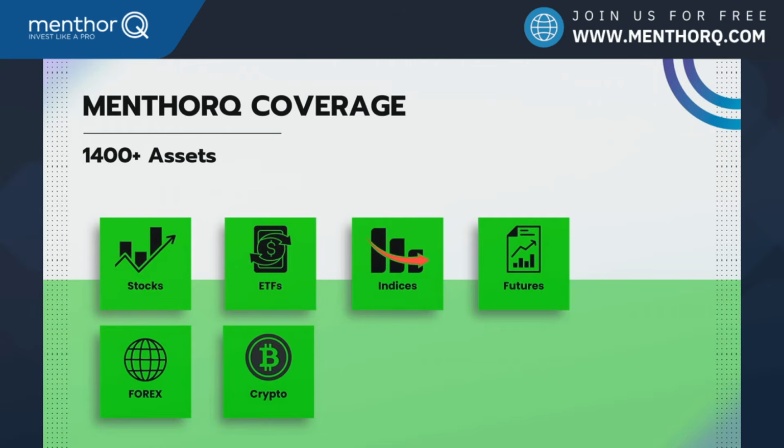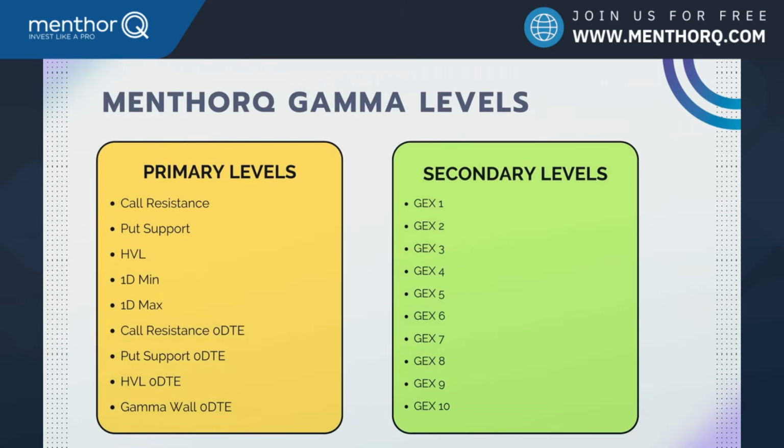So you can now access gamma levels on 25 different futures assets, which is very key.